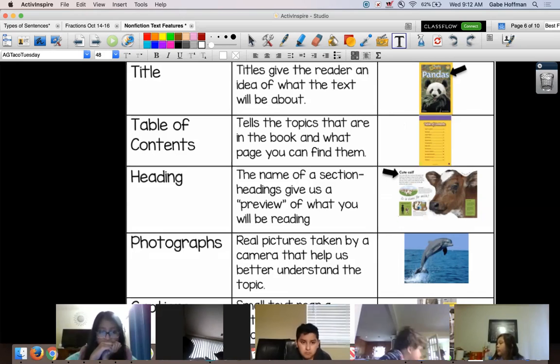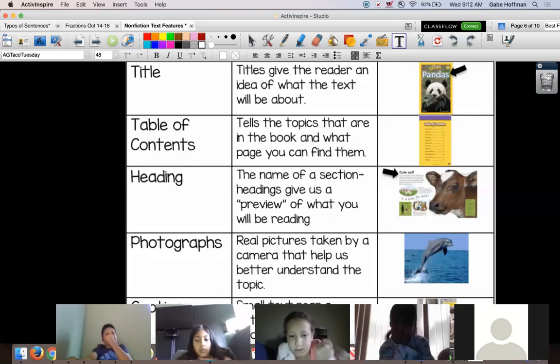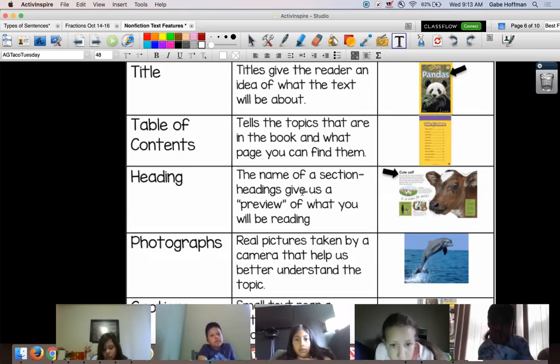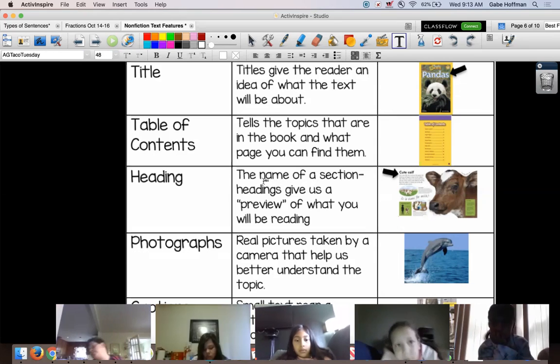A heading. Corbin, can you read what a heading does? Maybe not. Eric, can you read what a heading does? It's right here. The name of a section. Can you just read it?